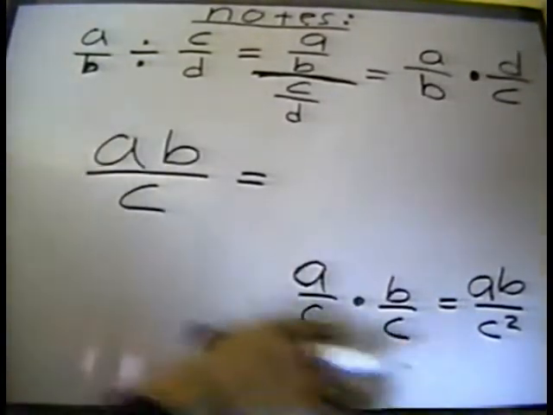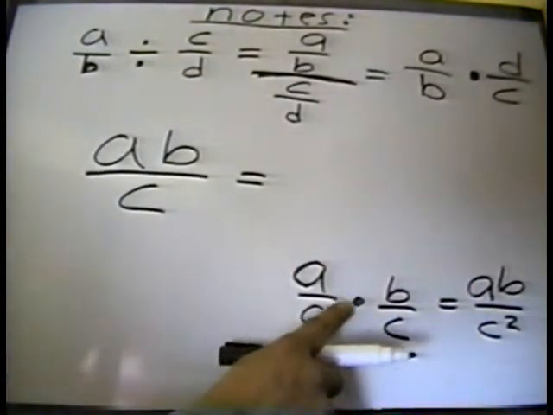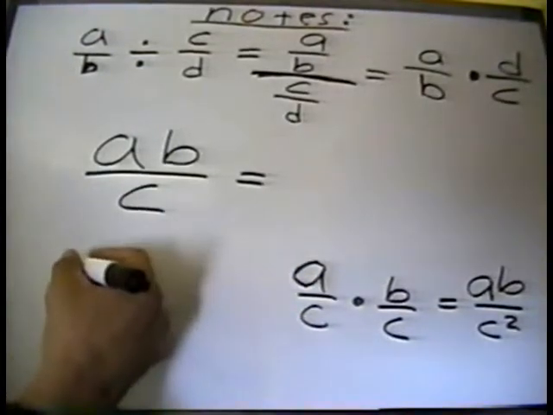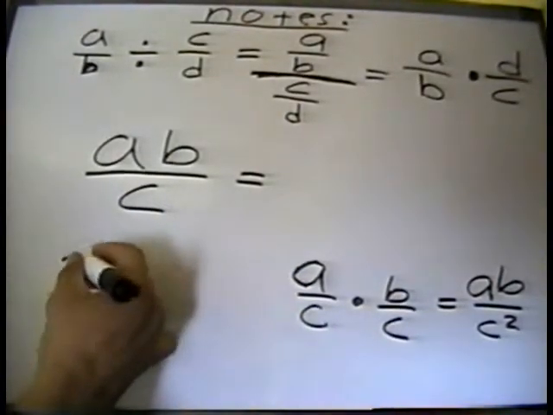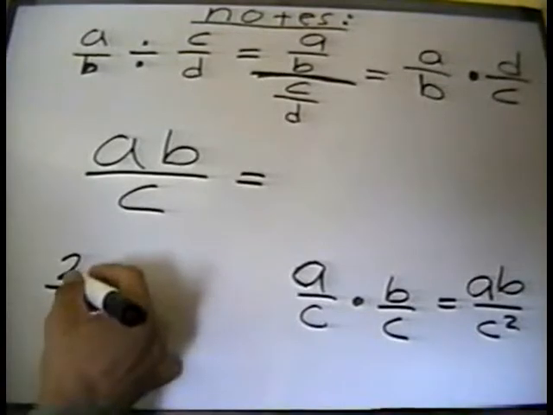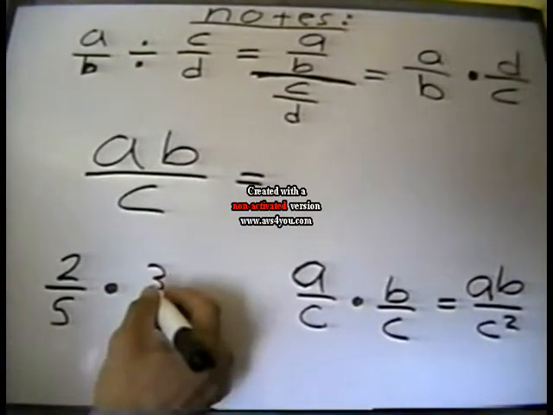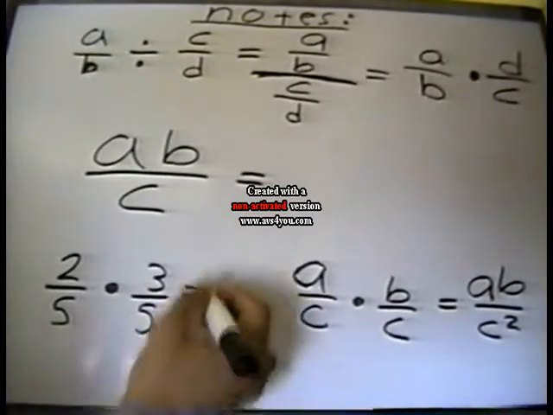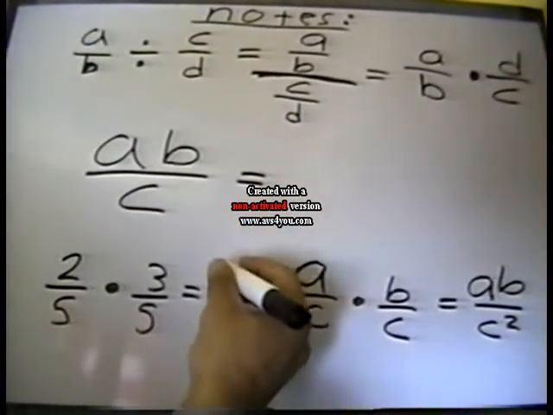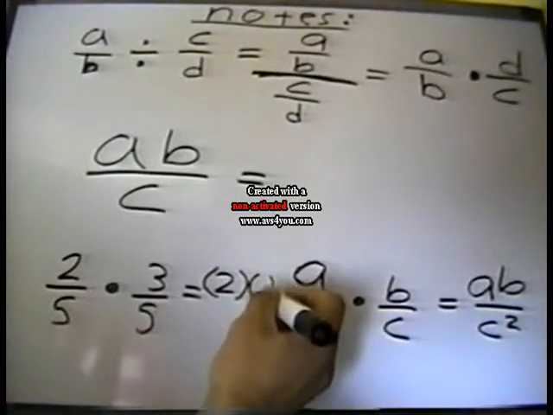But this here is also a form that you should write if you ever encounter this. That's like saying, okay, 2/5 times 3/5.